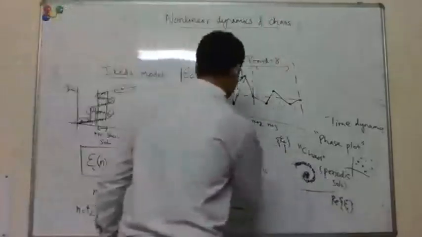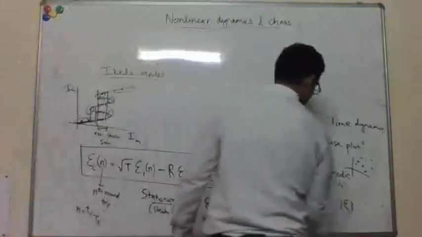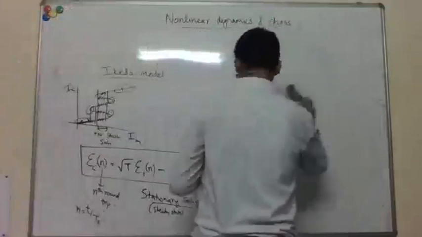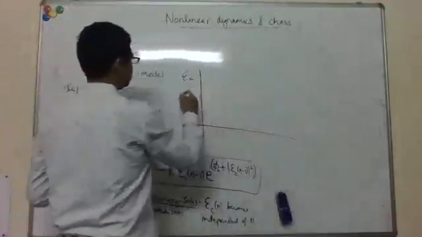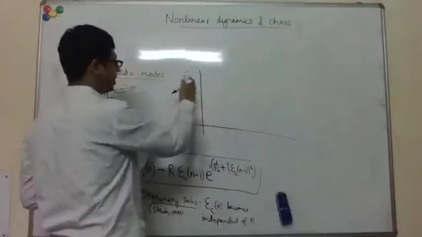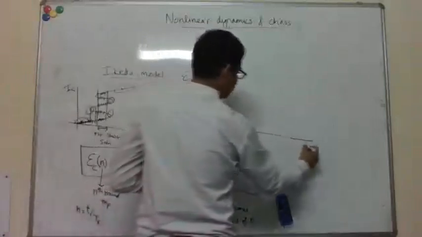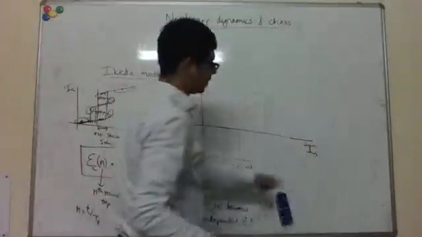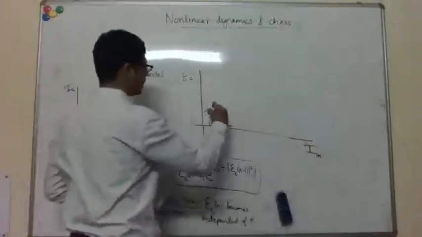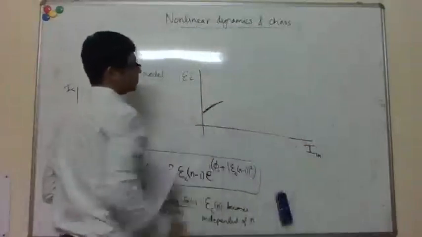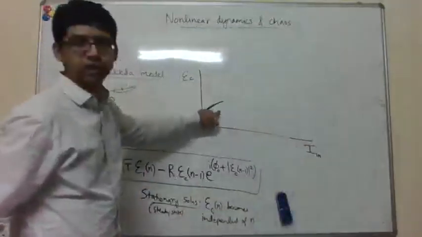Another way to represent this: let's say I'm plotting here EC, could be the real part, the imaginary part, or the modulus, as a function of my input intensity. For some low values of intensity, I'll get a stationary solution, which means I'm only getting one value of the cavity field for each value of input intensity.